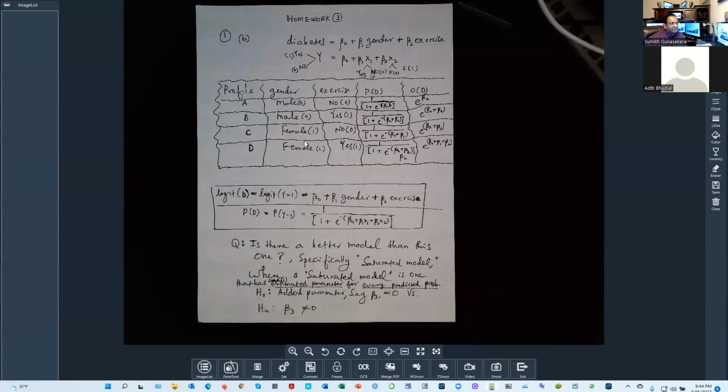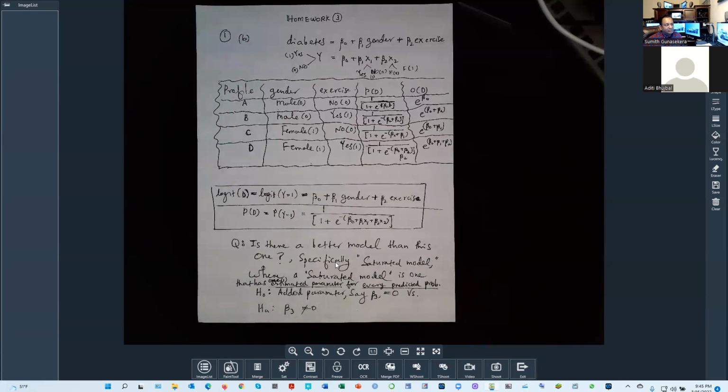Three parameters are not enough to describe the 4 probabilities. It says there is some kind of shortage, so we have to add another variable. That's a different discussion. Then I converted that into the logit and brought it into the logistic regression model. And then the question: is there a better model than this one? That's why they do that specifically.